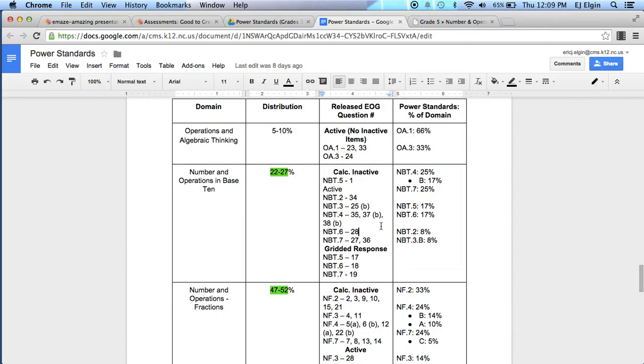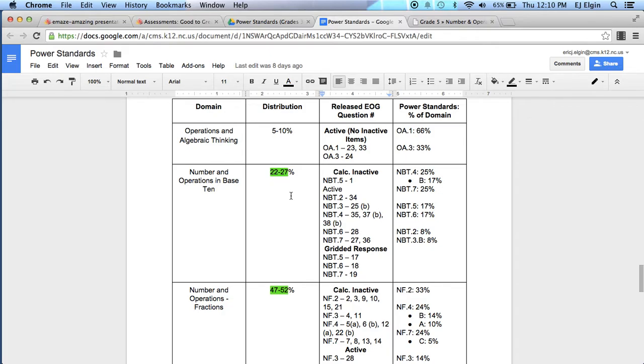The final thing I want to bring to your attention in a discussion of power standards is this is where it's important to be a math nut about your subject and to know how all the different standards within this domain are similar and different. So on the EOC, EOG, the questions are listed on the answer key as NBT, but it doesn't tell you whether it's NBT 1, 2, 3, 4, 5, 6, or 7.